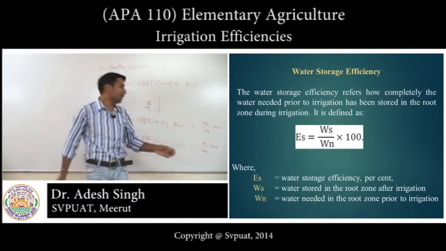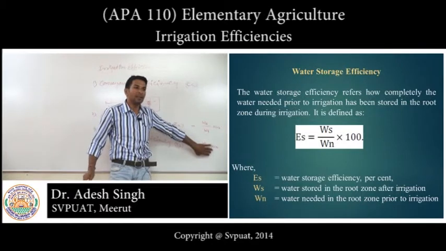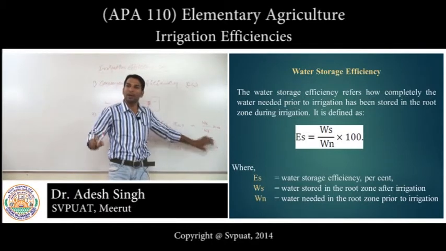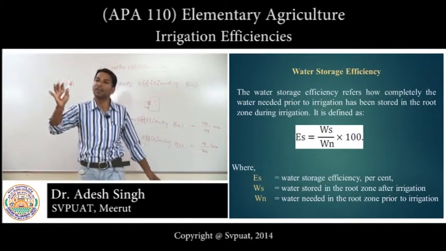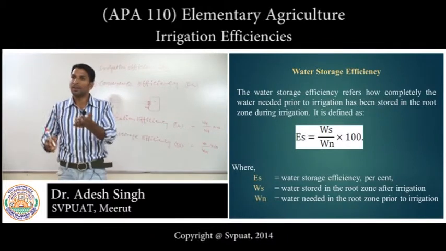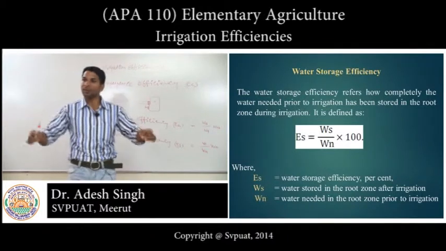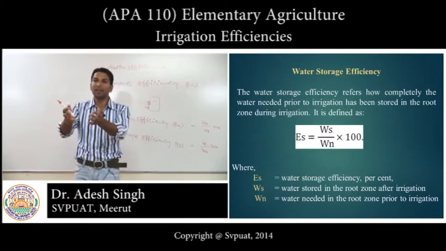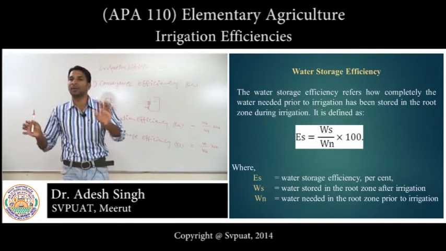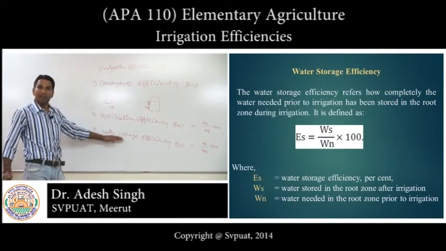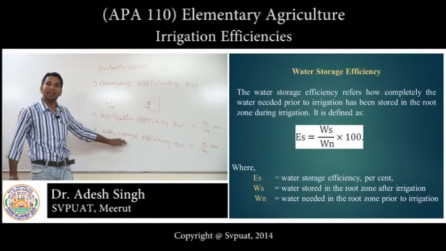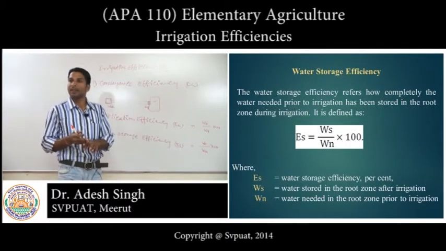Clear? For example, if the need is for 50 units but storage is only 30 or 40 units, the storage in the root zone is lesser but the need is more. So the actual storage efficiency will be decided depending upon the textural classes.